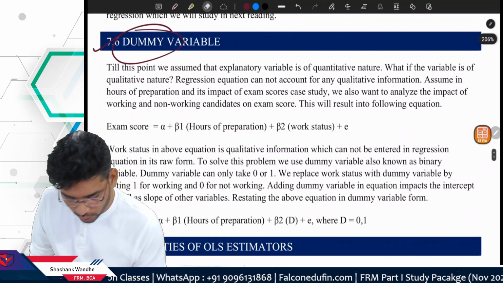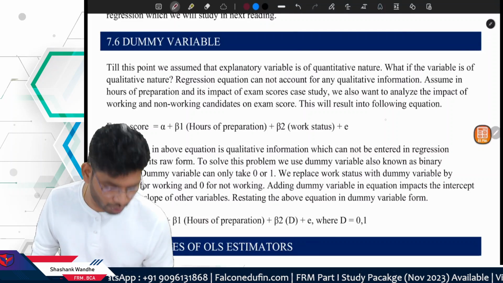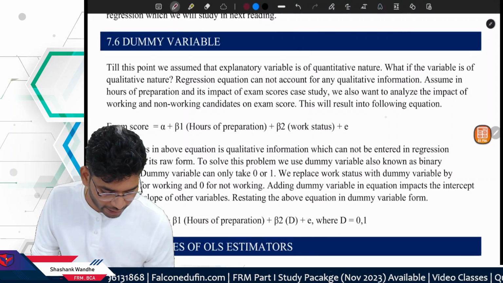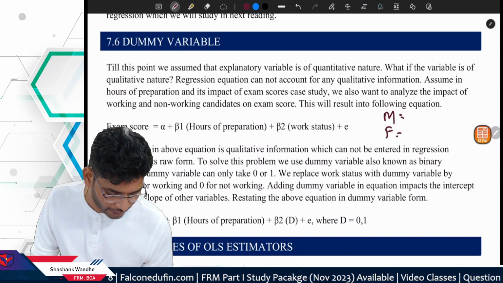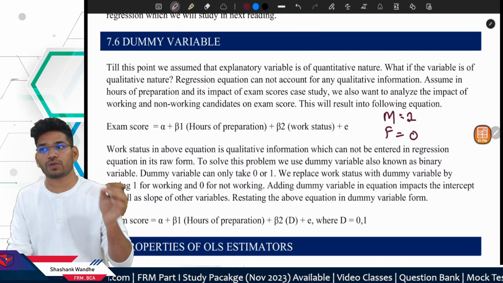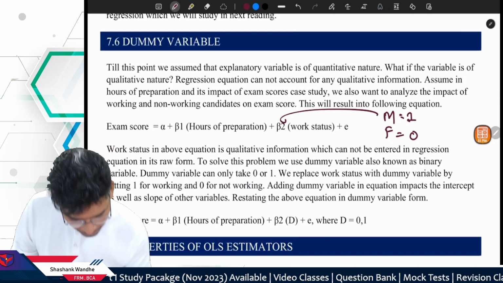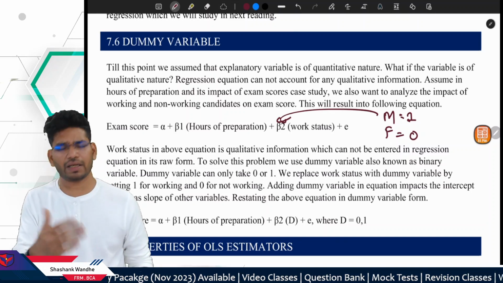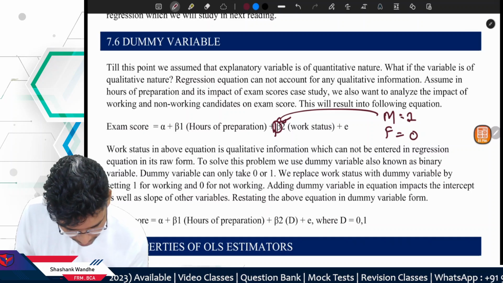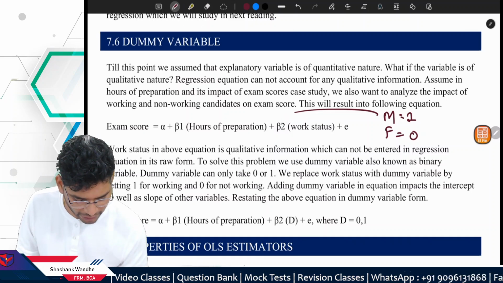The only thing you need to know here is, if you want to introduce two factors or two categories, for example male and female, with 1 for male and 0 for female, then you have to use only one dummy variable, maybe in B2, maybe in B3, can be anything. We will call this variable D1, then D2 and so on.